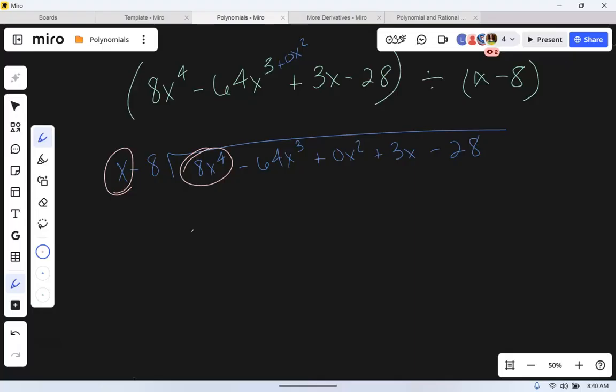So I'm going to go to the cube column. I'm going to write 8x cubed. And I'm going to multiply around. 8x cubed times x is 8x to the 4th. And 8x cubed times negative 8.